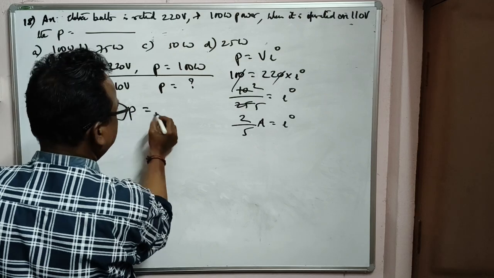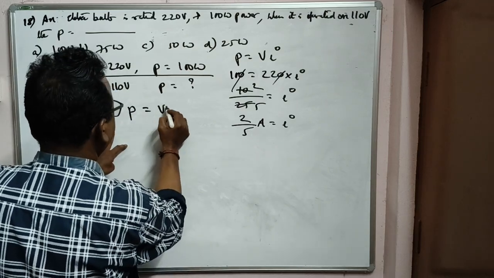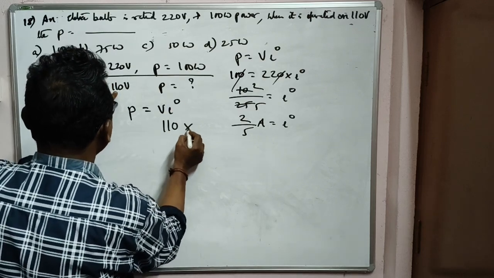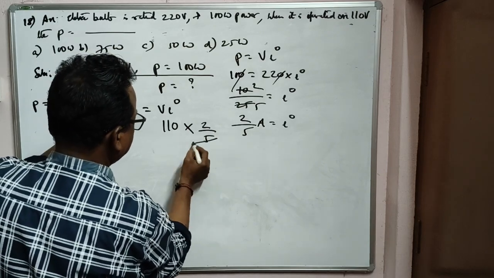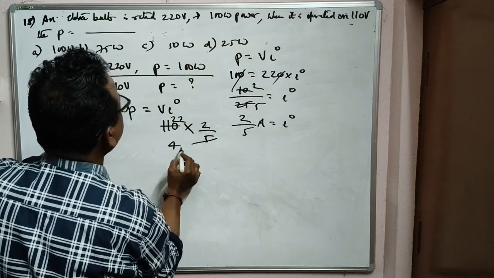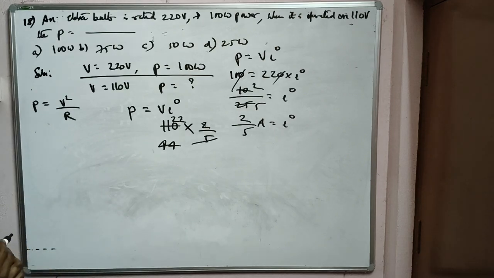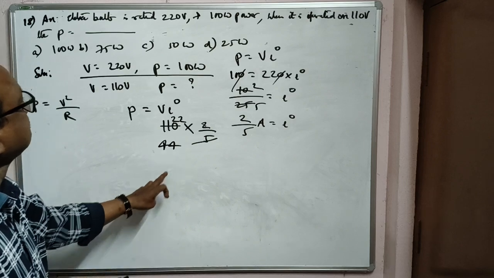So power is equal to VI, that is 110 into I, 2 by 5. So 5 22s are 110, 2 2s are 4. Is that the answer? You are getting 44 watts.